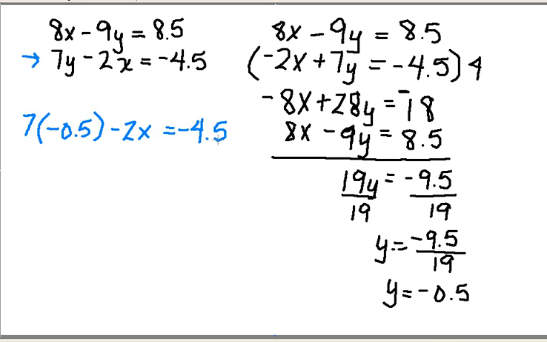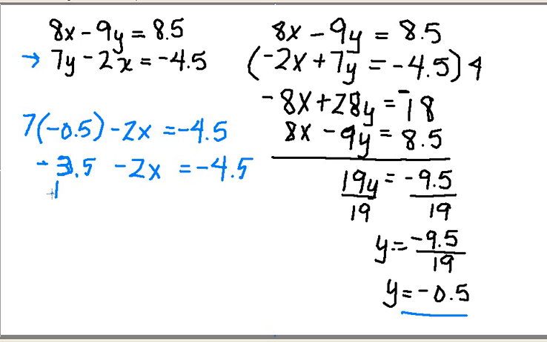All I've done is plug in this for y so that I can solve for x. So 7 times a negative half is minus 3.5. Minus 2x equals minus 4.5.